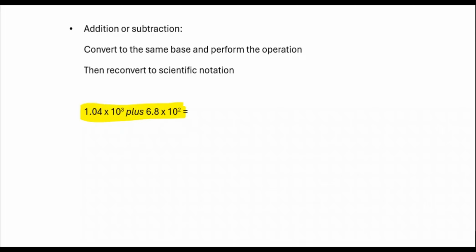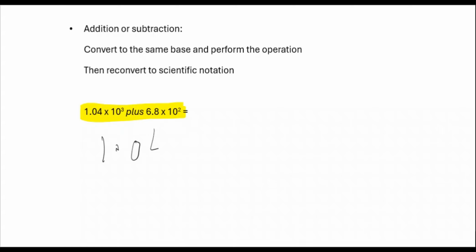Here the exponent of 10 is 3. Here the exponent of 10 is 2. We should make the exponents the same for both numbers. What do we do?